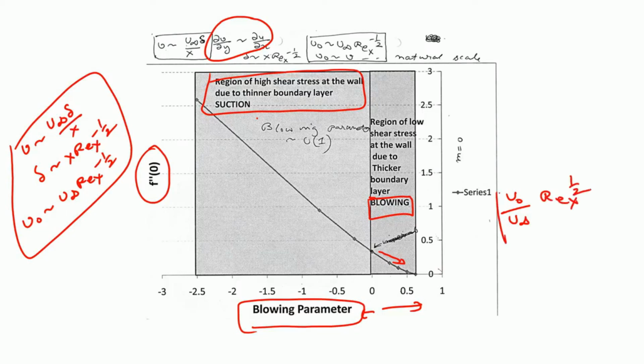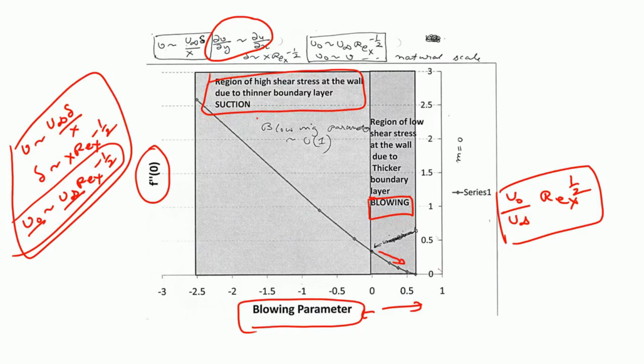And as you can see, we have just proven the order over here. V naught scales as u infinity into delta into Reynolds number to the power of minus half, that means they are of the same order. That is why you see the numbers are also of the same order, all about 1, of the order 1.